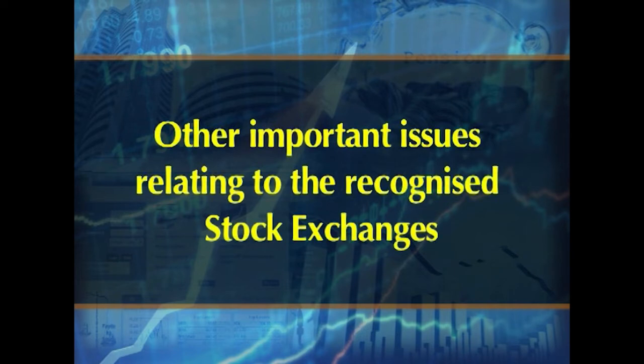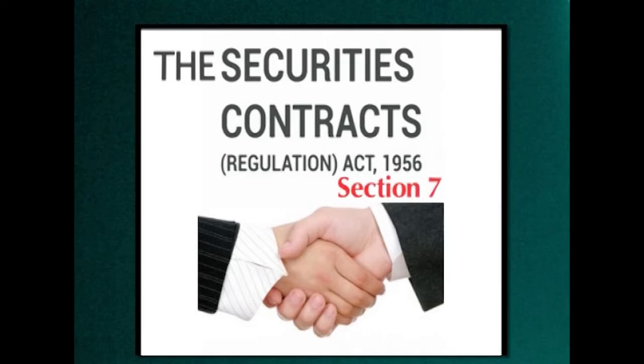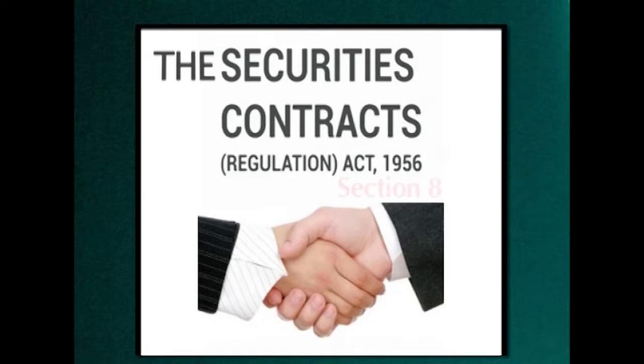Other important issues relating to the recognized stock exchanges. Section 6 of the Act empowers the central government to call for periodical returns or direct inquiries to be made. Under Section 7, every recognized stock exchange must furnish to the central government its annual reports. Section 7A empowers the recognized stock exchanges to make rules restricting voting rights subject to the approval given by the central government.